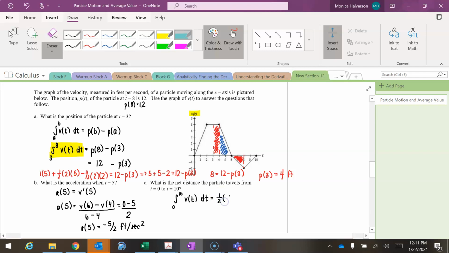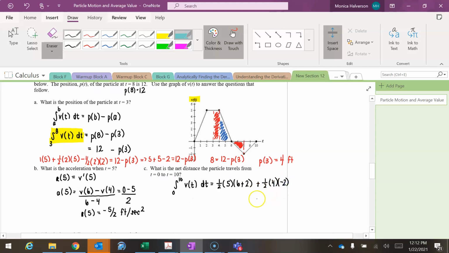So 1/2 times 5 times 6 plus 2, that's the area of the trapezoid, plus 1/2 times 4 times negative 2. And remember, I wrote this as plus, but I introduced the negative here as the height. You could have just done minus 1/2 times 4 times 2. And we get 20 minus 4. So our net distance is 16 feet.